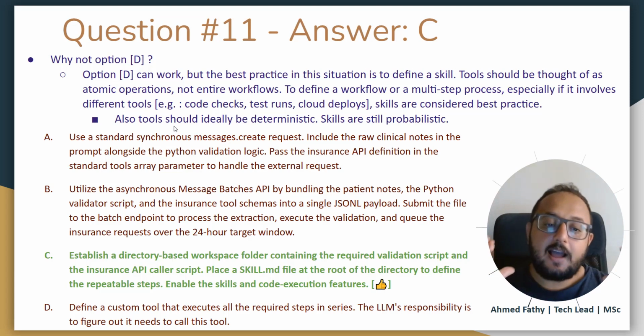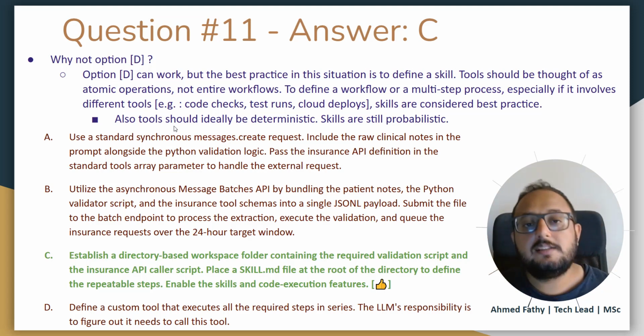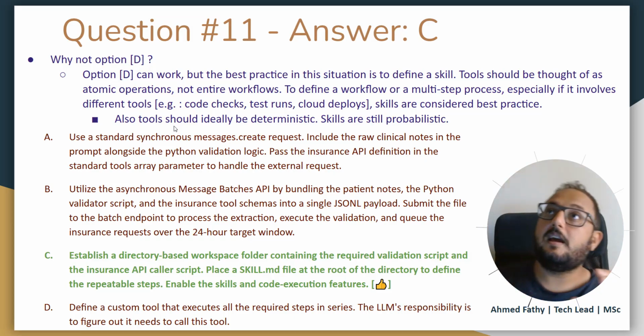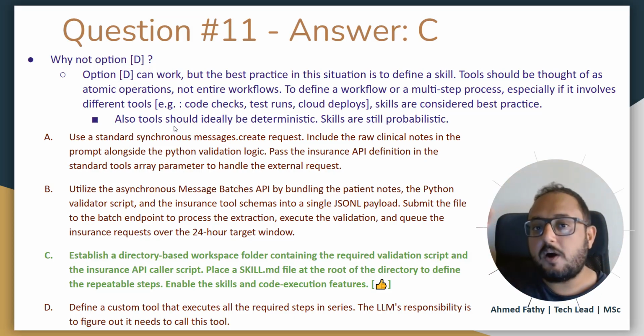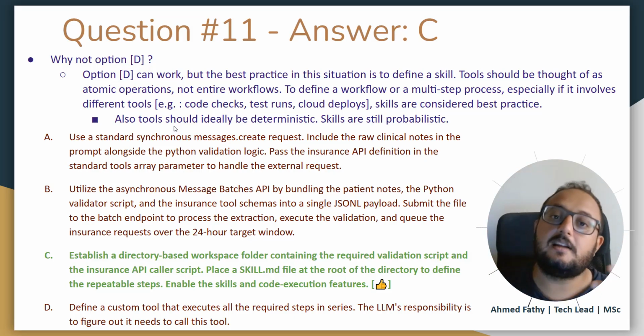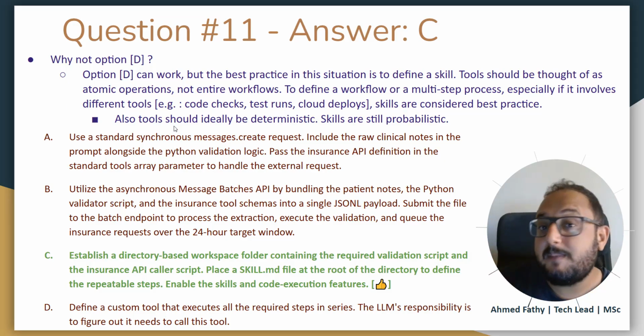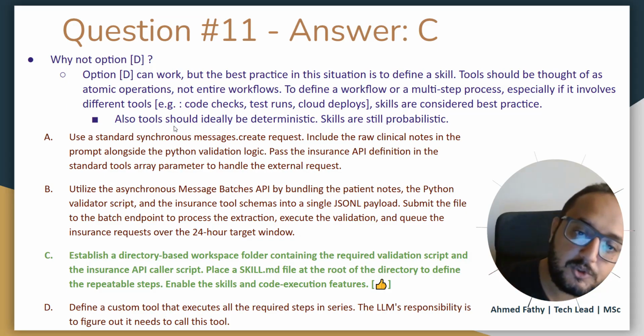But again, as I said, the good thing about using skills with LLMs is that if the LLM fails in one step, it can still reason and try to do something different. It can try to make it work. But if you are 100% sure that those steps should work perfectly, then maybe this can be an option.